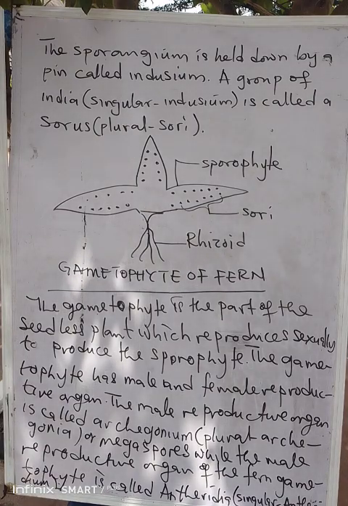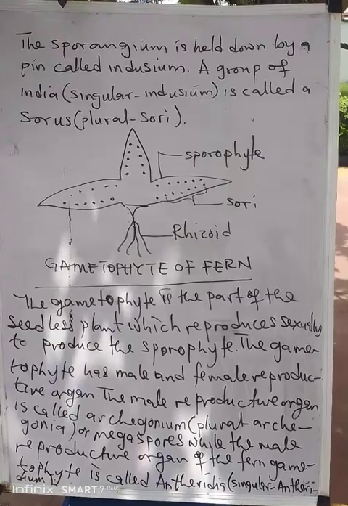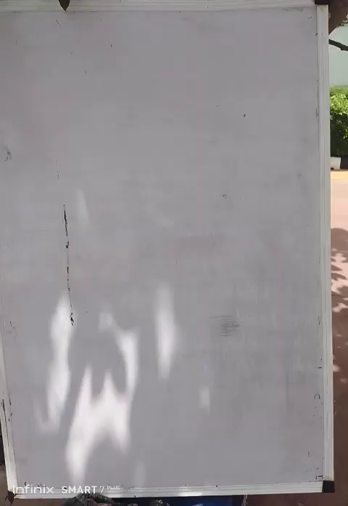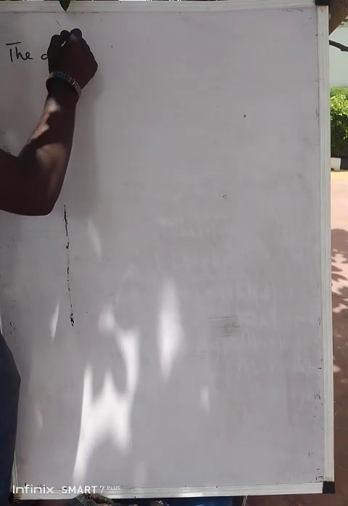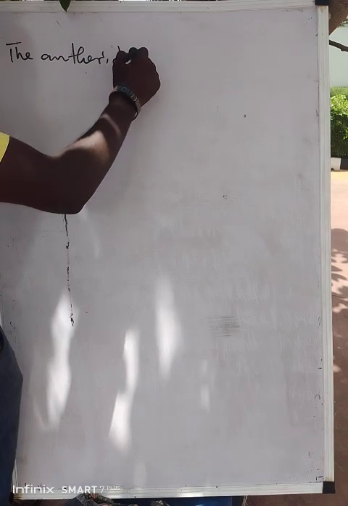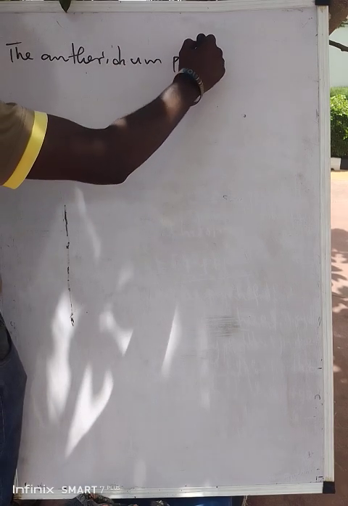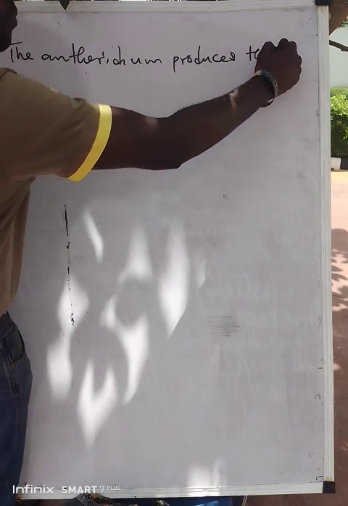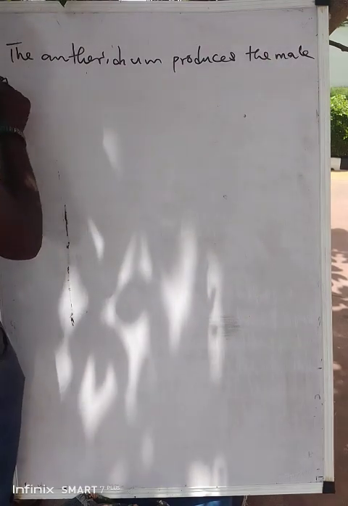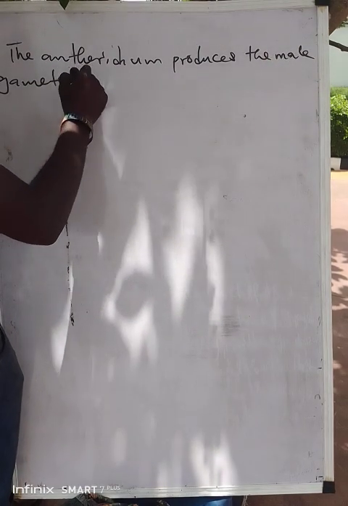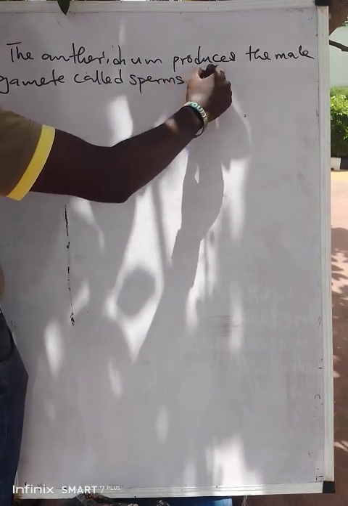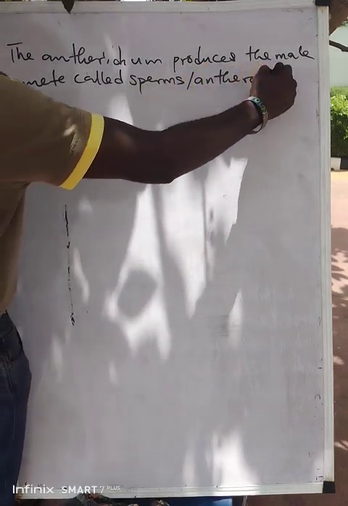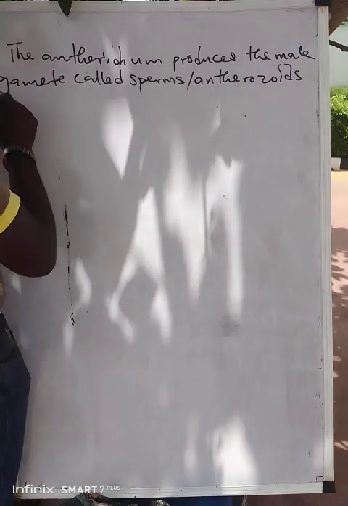So that is that. Now, the antheridium produces the male gamete called sperms or anterozoids. Call them anterozoids or sperms.